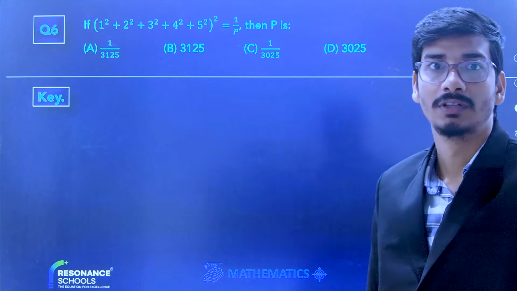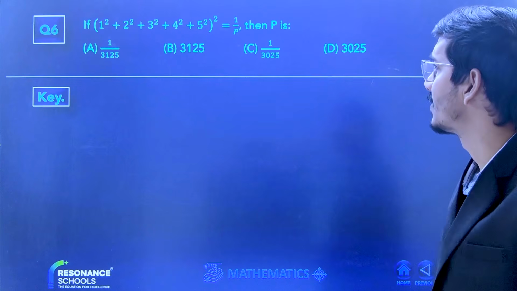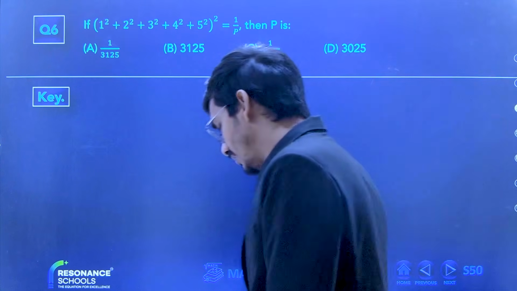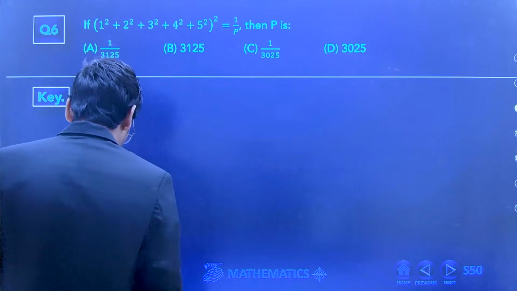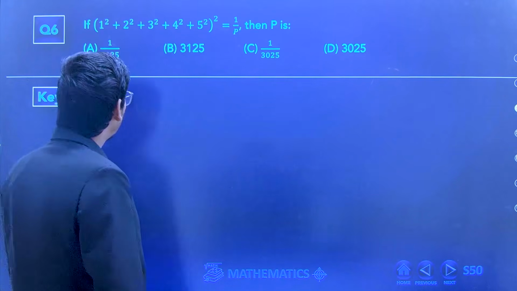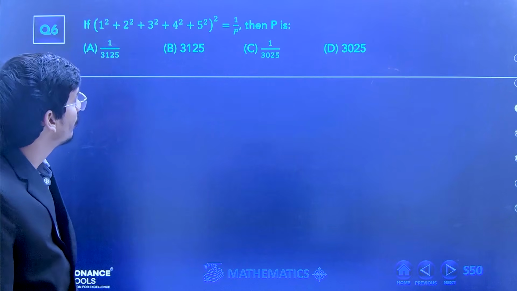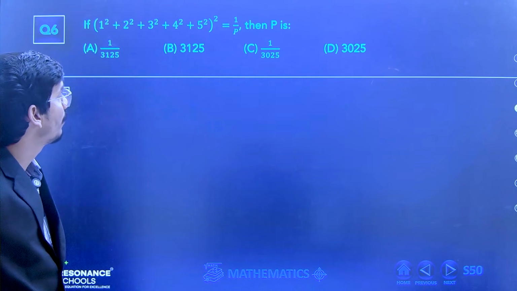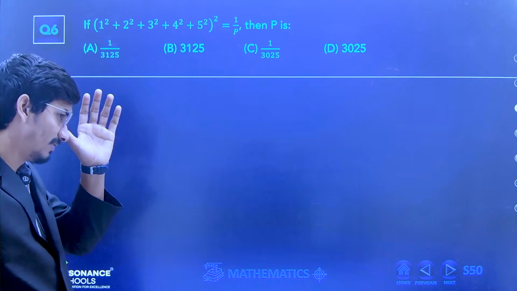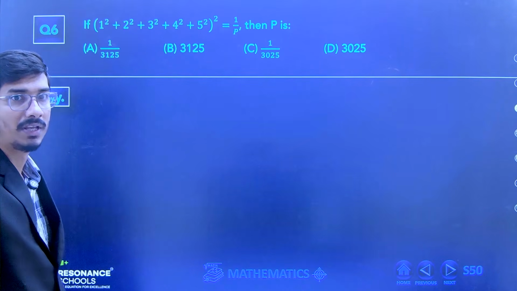Question number 6. In this question, it's telling that (1 square plus 2 square plus 3 square plus 4 square plus 5 square) whole square equals 1 upon p. Then what is the value of p?